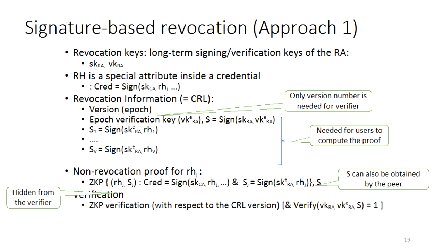So if you go to the next slide. And then the user can also just send this S, which is a signature on this epoch verification key, so that the peer doesn't even need to fetch that epoch key. So it only needs to know which version of the CRL is the latest one.